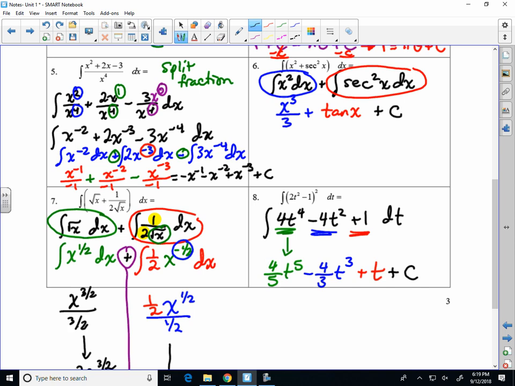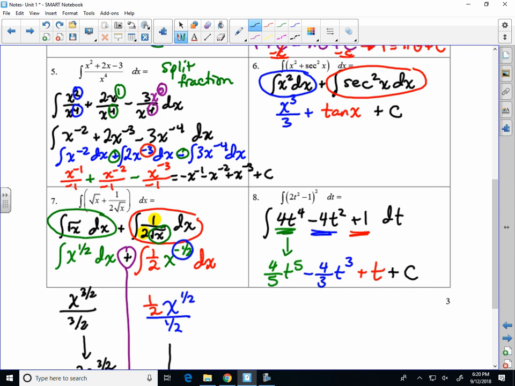In my experience, the people who never forget the plus c never forget it because they know why it's there to begin with. They understand its purpose. The people who forget the plus c never really connected why the plus c was there to begin with, and so it became just a memorization step. I know that I just have to do a plus c at the end for some reason.